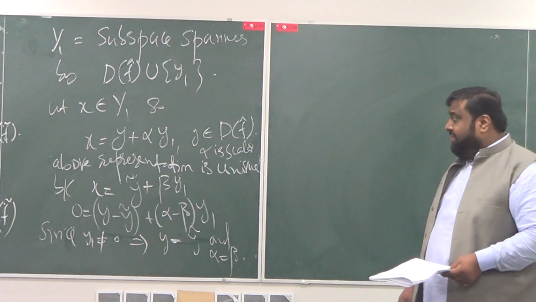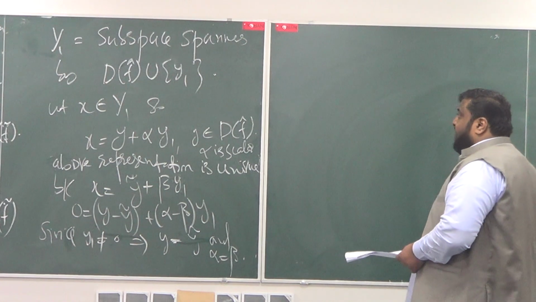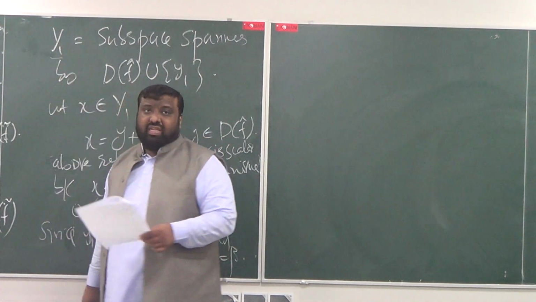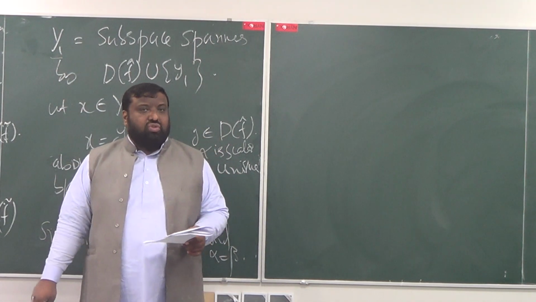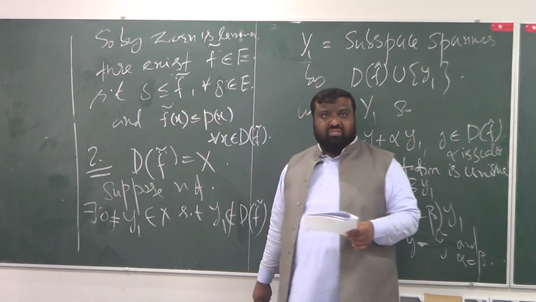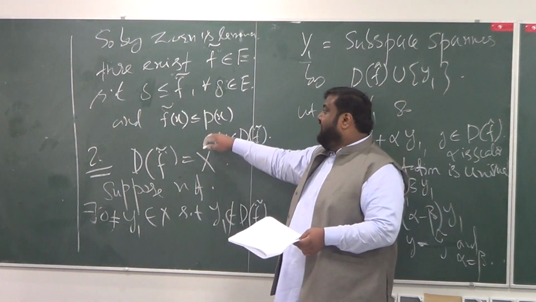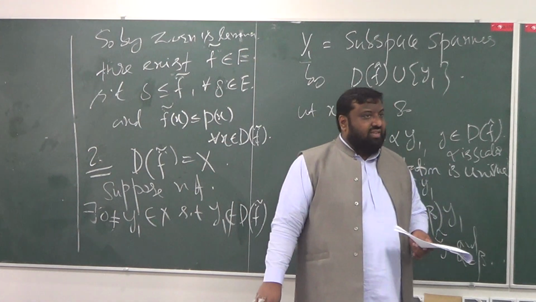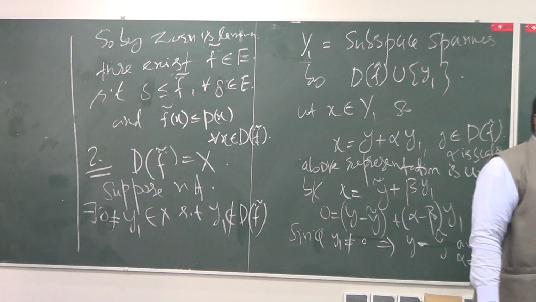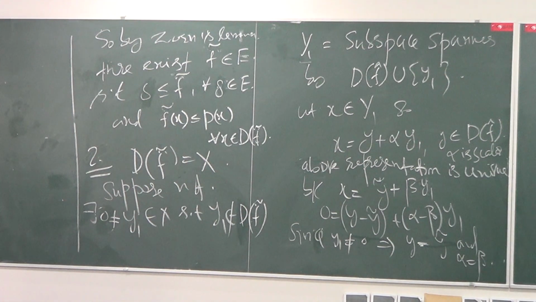Now we are in a position to define a functional on y1. And I'm going to show that this functional extends f tilde in such a way that it also satisfies this property, and hence that would be a contradiction to the maximality of f tilde.